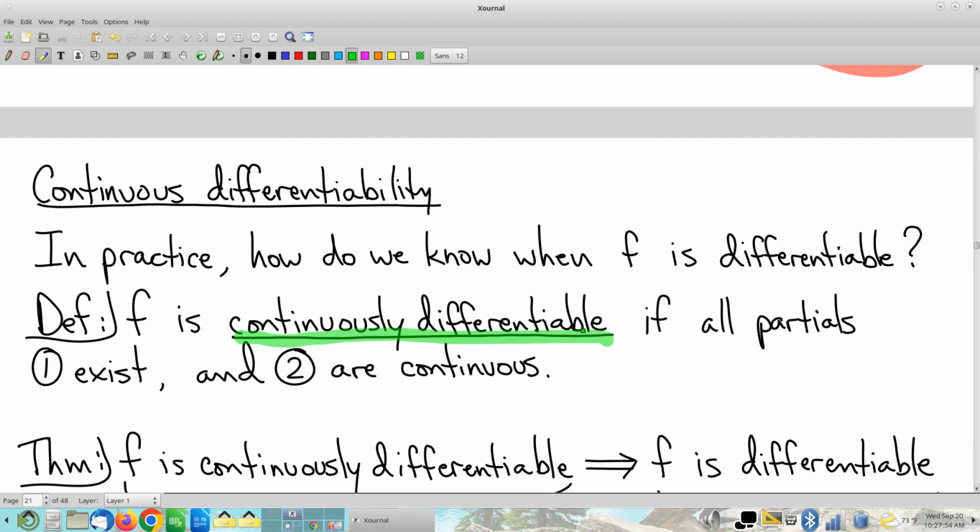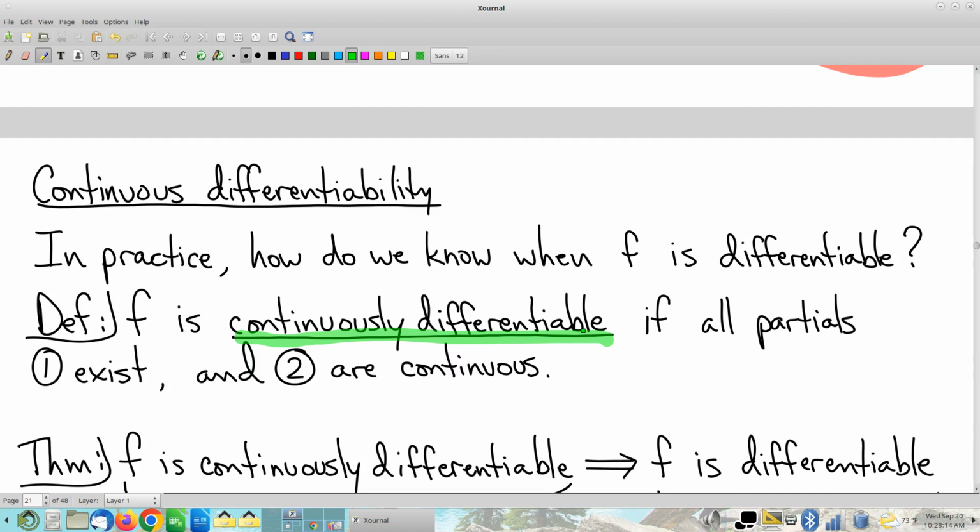A function being continuously differentiable is a stronger condition. Weirdly, it turns out that even though continuous differentiability is a stronger condition, it is way easier to define. Way easier. And there's nothing to it.